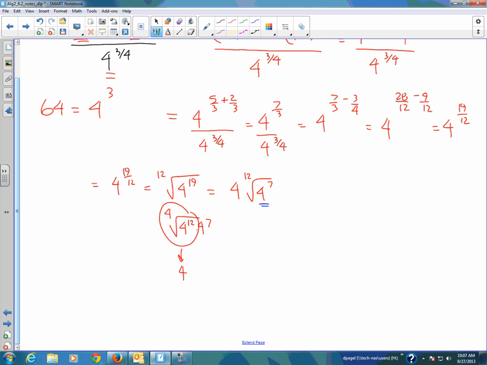So 4 is the same as 2 squared. Now we write it as 2 squared to the 7th power, and this problem becomes 4 times the 12th root of 2 squared to the 7th, or 4 times the 12th root of 2 to the 14th power.